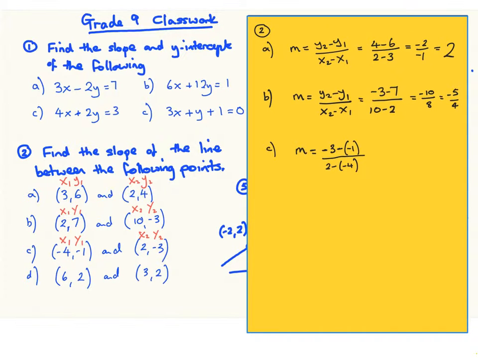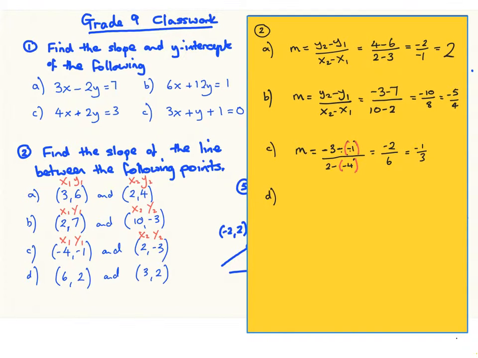Now anytime I'm subtracting a negative number, I put brackets around it. It's always a good habit to get into. So a double negative here makes positive, so it's negative 3 plus 1, which is negative 2. 2 minus negative 4 is 2 plus 4, 6. Top and bottom divide by 2, so it's negative 1 over 3.